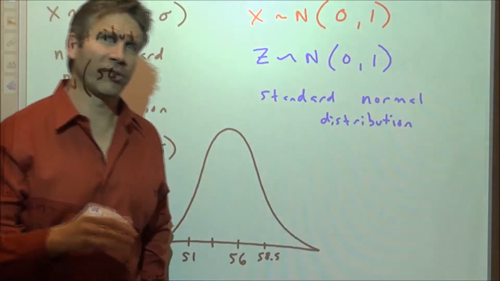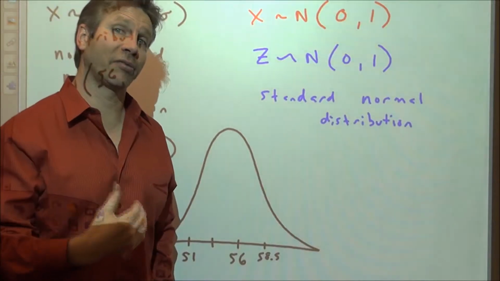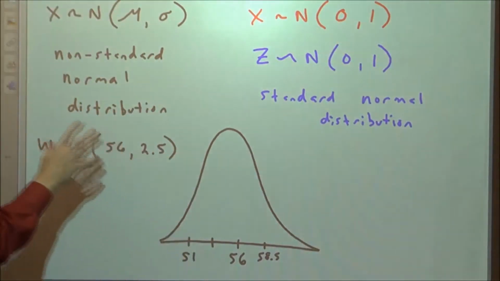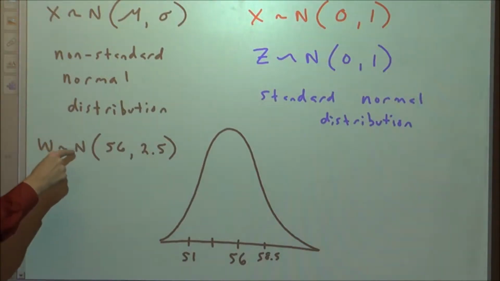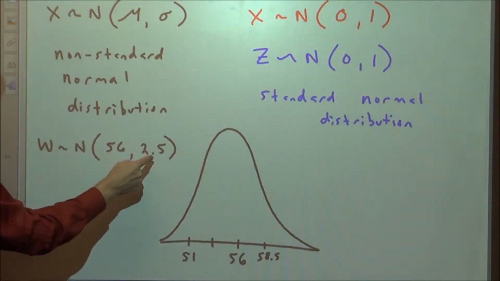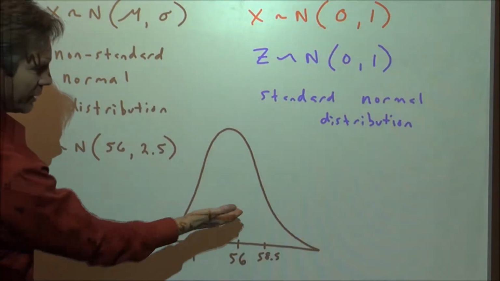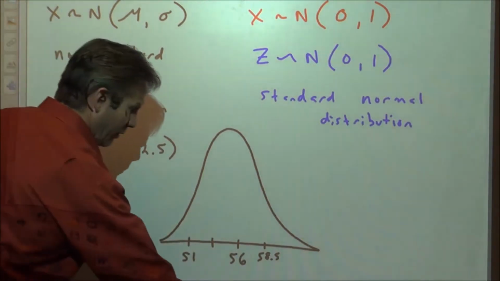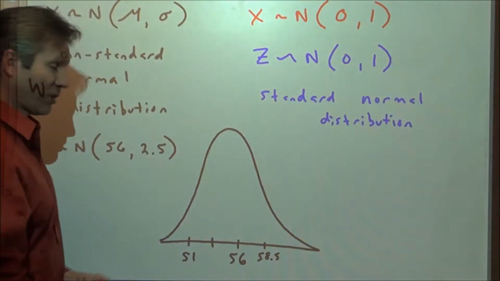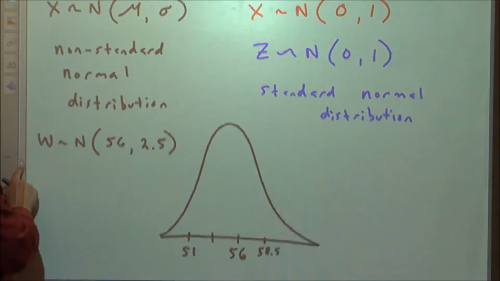Now a z-score tells us how many standard deviations away we are from the mean. So if we take this situation where heights of adult women in America are distributed normally with a mean of 56 inches and a standard deviation of 2.5 inches, we have a normal distribution representing those heights. Now, the mean has a z-score of 0.